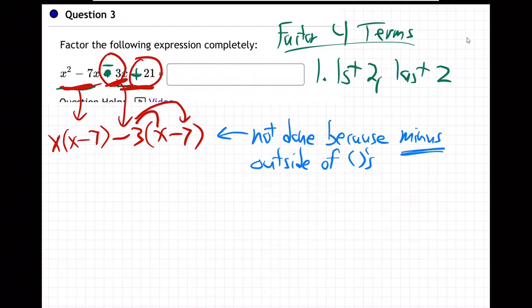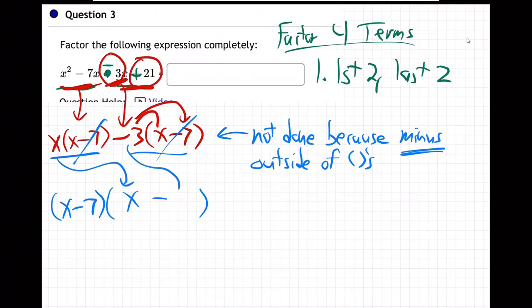You have more work to do. So how do we finish it? Well, they share in common x minus 7. Remove it, bring down the leftovers, x, take away 3. And that's correct. That whole x minus 7 could go back. And so there we are, we're done.